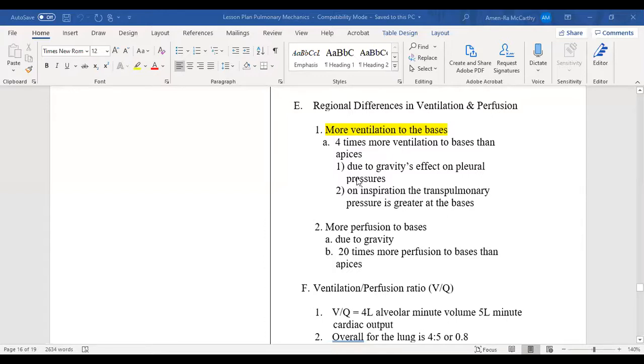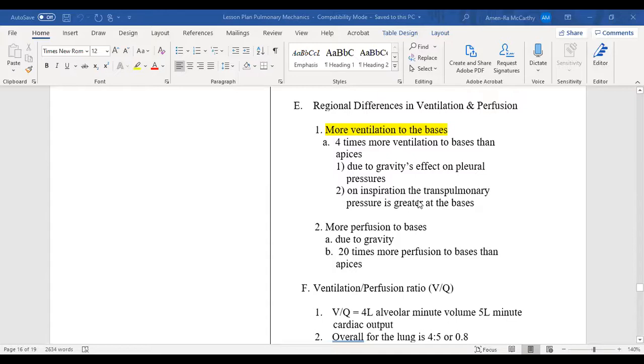Now, why is that? Well, due to gravity's effect on pleural pressures, on inspiration the transpulmonary pressure is greater at the bases. So it's sucking in more air at the bottom, because remember we talked about the pressure gradient? We said that inside the lungs, it is lower or negative, more negative than it is outside. So air has to go into the mouth, right?